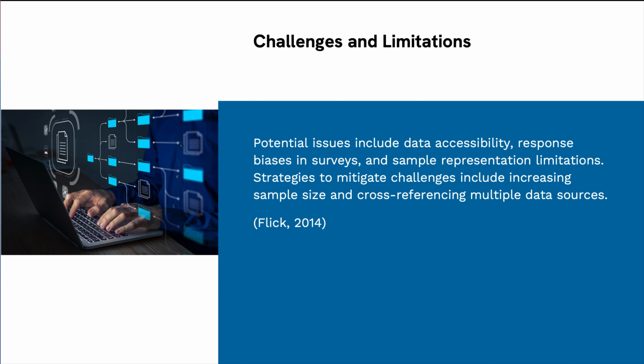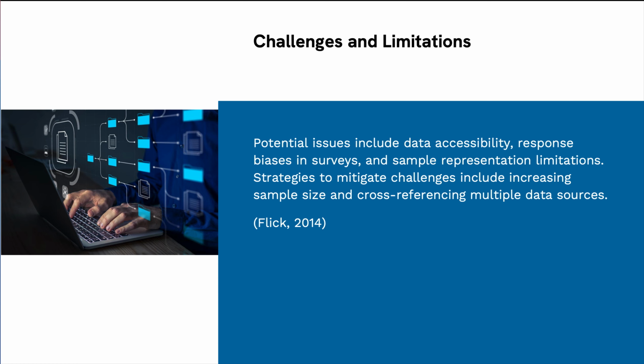And next is the challenges and limitations. Actually, there are plenty, but I categorize them into three parts. The potential challenges include data accessibility issues, response bias in surveys, and sample representation limitations.